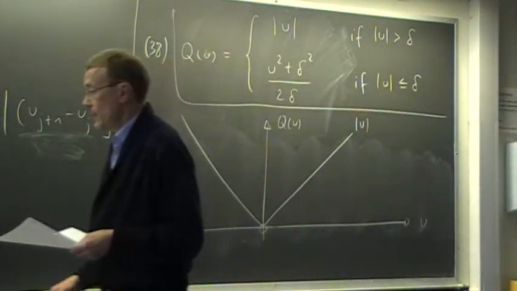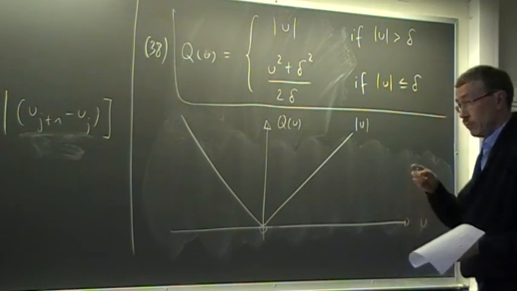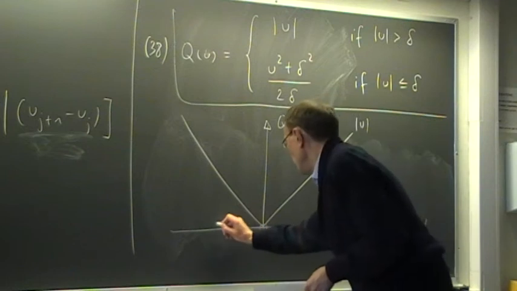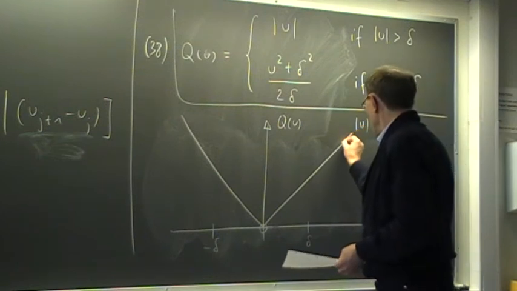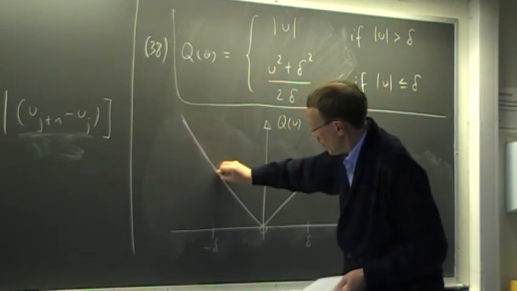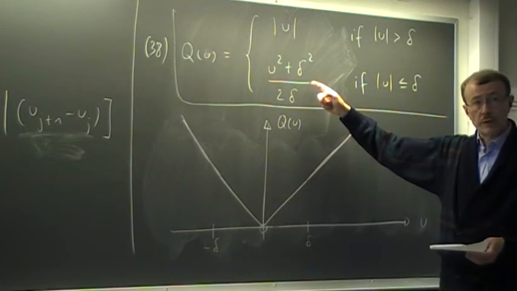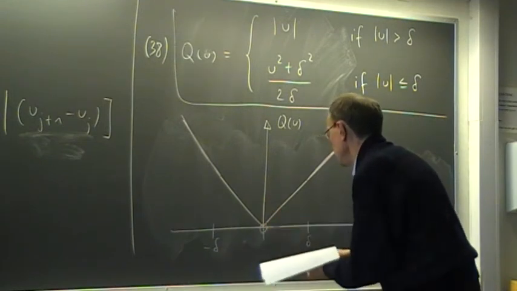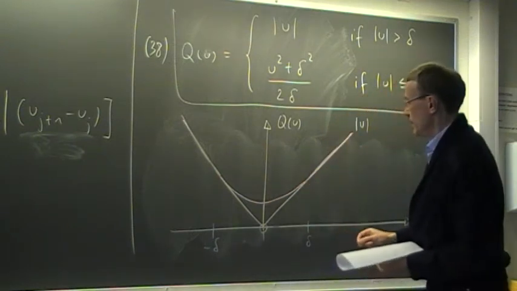We define a delta that we still have to determine. Let's assume that we have it. We have a delta here, and we have the minus delta here. So then we will follow the same curve, the absolute value, up to the threshold. And from then on, we modify that to a quadratic function. So this is delta, this should be delta half roughly here. Let's see, it should be roughly something like that.